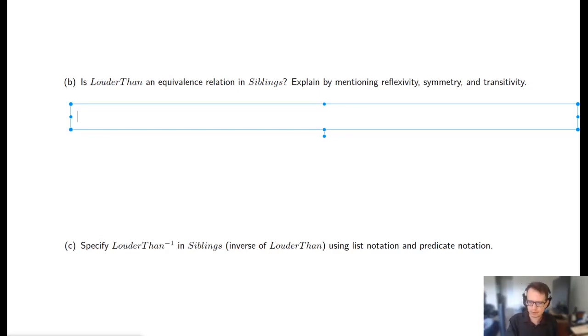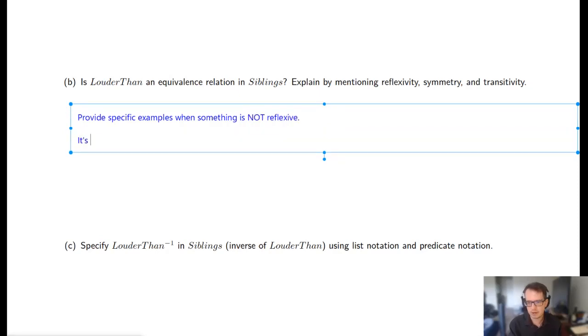It's because I didn't make any real specifications here on the assignment. So 4B, whenever we say something like explain by mentioning reflexivity, symmetry, and transitivity, and I'll specify this on the actual test as well, it's good to always provide specific examples when something is, say, not reflexive. So in this question, you could say it's not reflexive. And what most of you did was say, because nobody can be louder than themselves, which is fine, because in natural language and in the real world, you can't be louder than themselves.